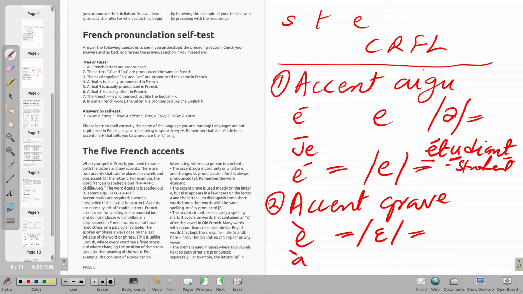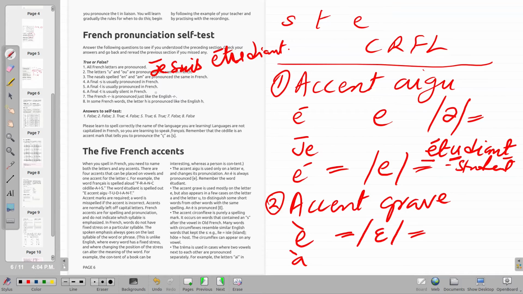This is the male student. If I'm a male, I can say je suis étudiant. I am a student. Let me write it here. Je suis, this is you, étudiant. I am a male student.